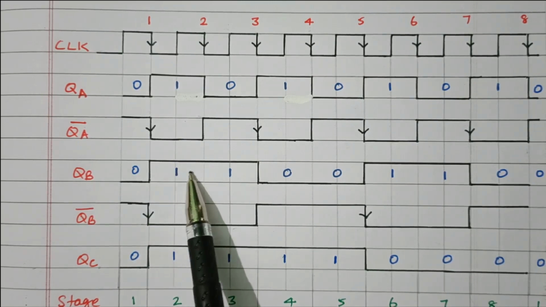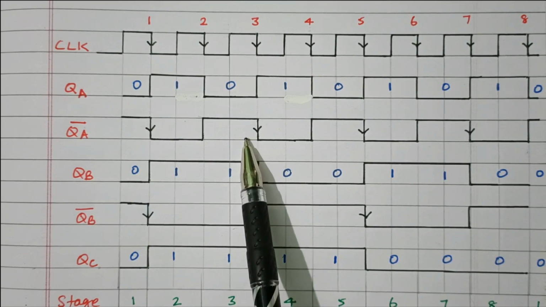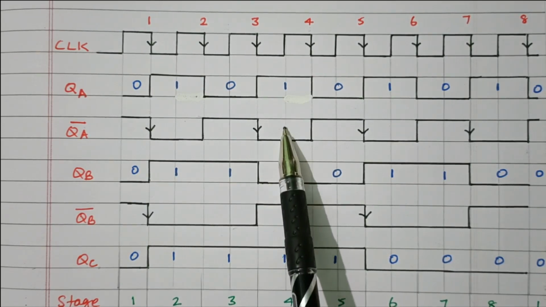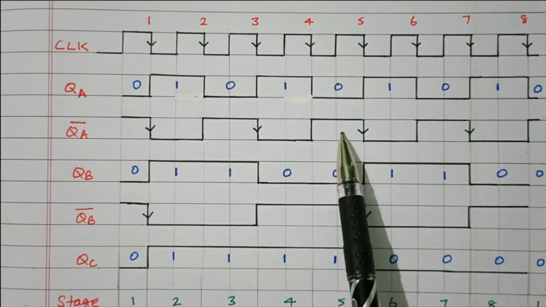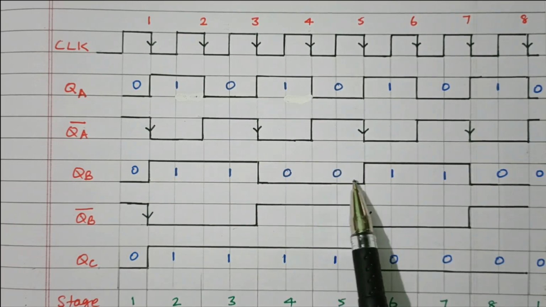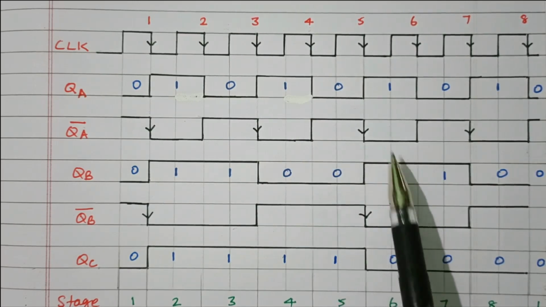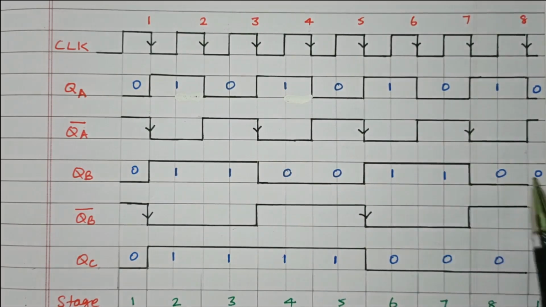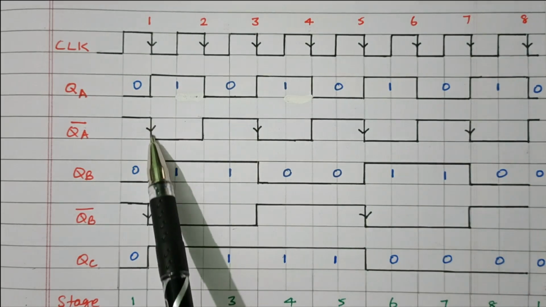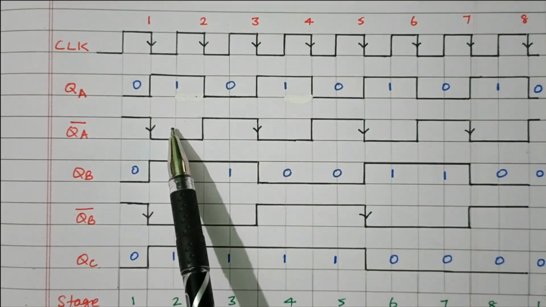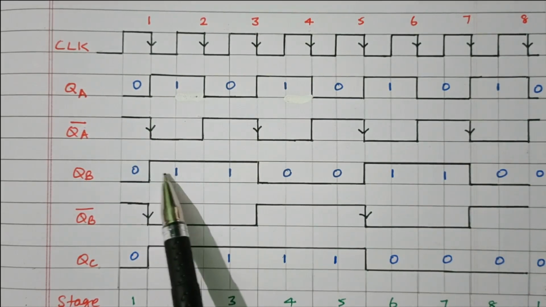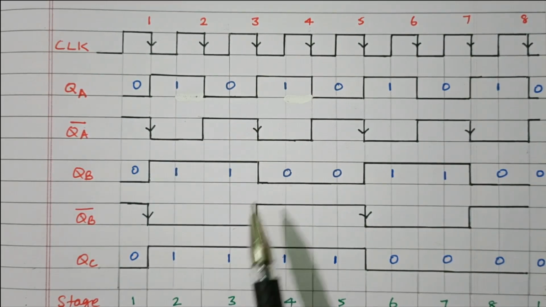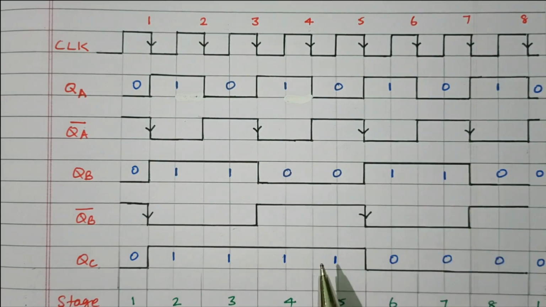Here 0, so it is maintained as it is. Here 1, so toggle from 1 to 0. Here 0, no change. Again here 1, so it changes from 0 to 1. Here 0, no change. Here 1, again toggle from 1 to 0, right? Whenever 1, it toggles; whenever 0, no change; whenever 1, toggles. So that we got this output.